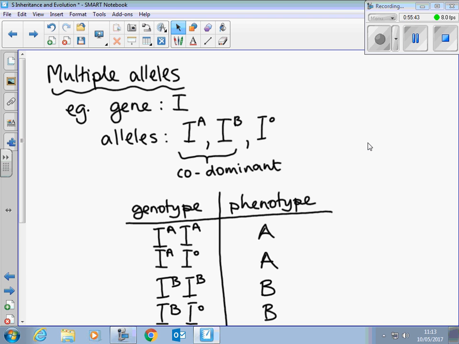With this one, the A and B will be coding for proteins, in other words, enzymes that are responsible for adding different sugars onto the end of the antigens. So it's only ever about the production of a protein.